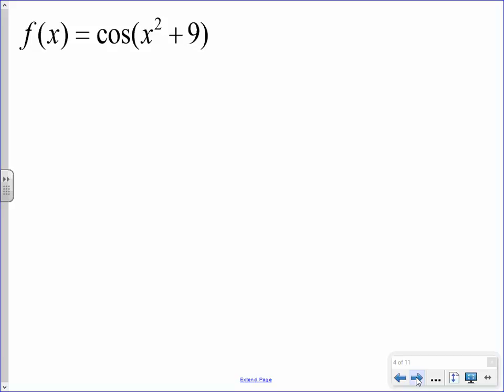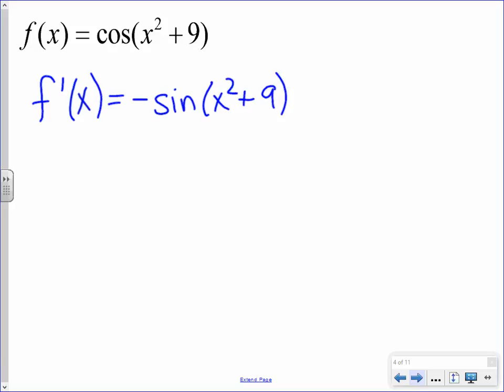All right, so the derivative of f. What's our outside function? Cosine. What is inside cosine? X squared plus 9. So we take the derivative of the outside, which is negative sine, leaving the inside alone. And then we multiply by the derivative of the inside, which is 2x.